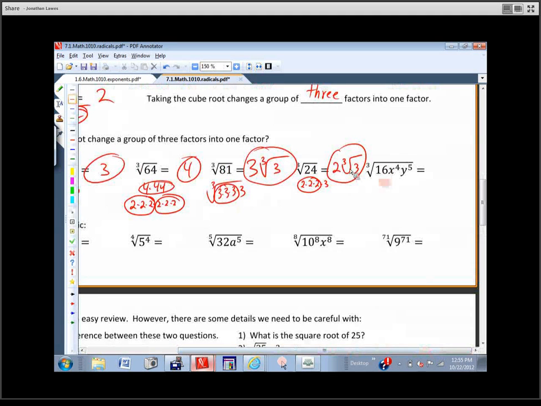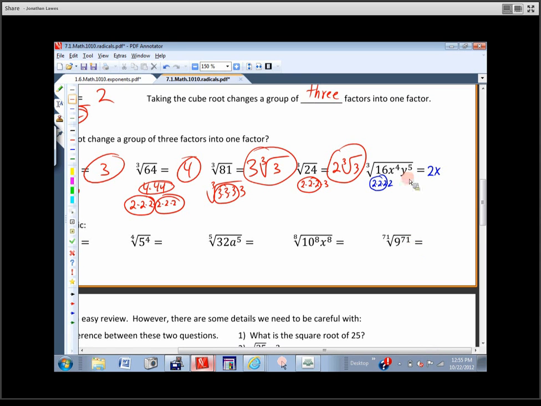Groups of how many? Groups of 3. Okay, there's a group of 3, so I can have a 2 on the outside, right? How many groups of 3 x's do I have? I've got one group of 3.